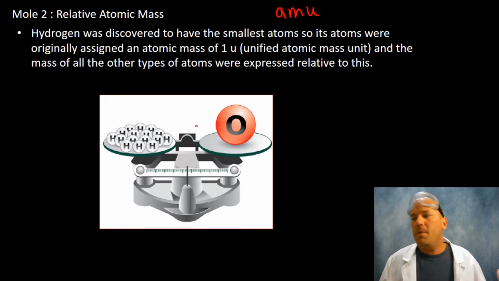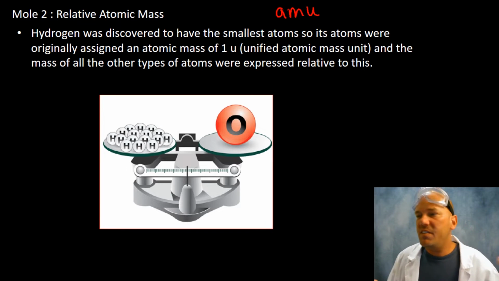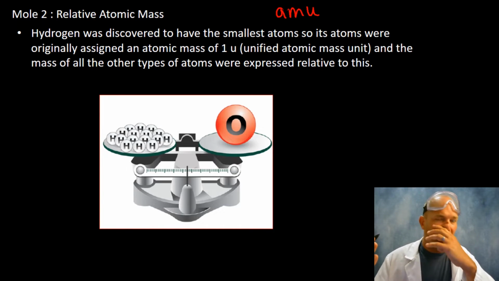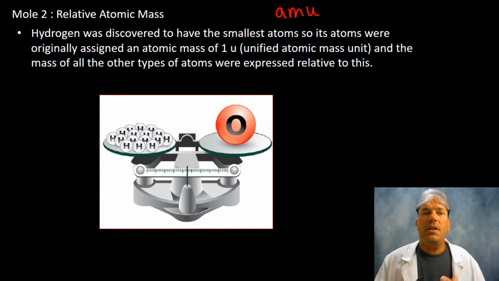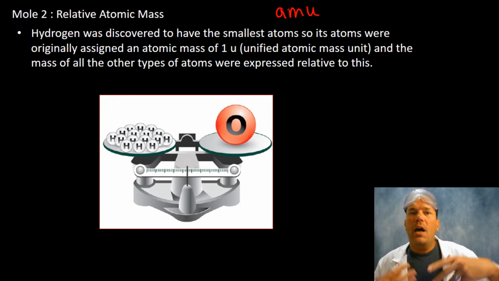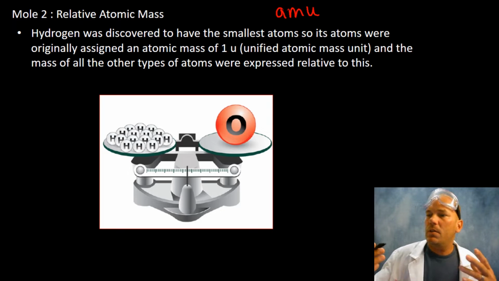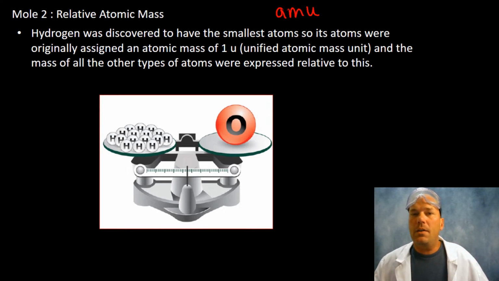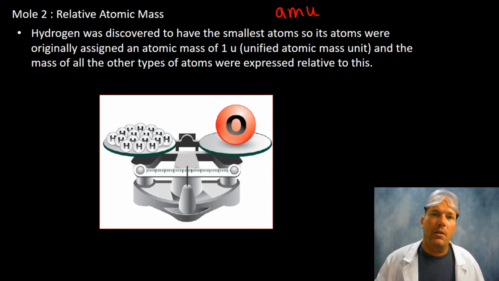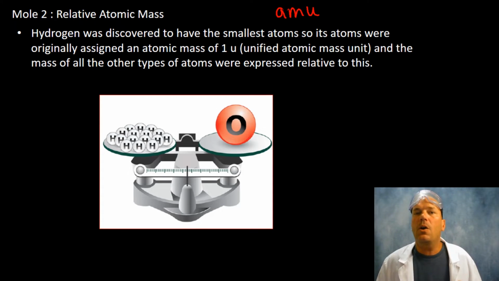But basically what happened is the physicists and the chemists kind of had a discussion and disagreed on what should be used. Should we be using hydrogen as a standard? Should we be using oxygen as a standard? As you'll find out, they later agreed on using carbon-12, an isotope of carbon, as the standard.